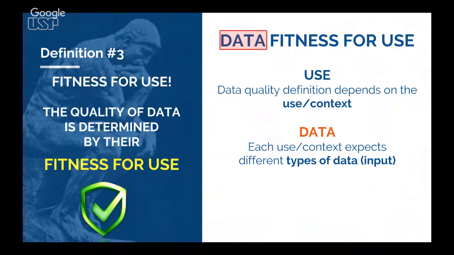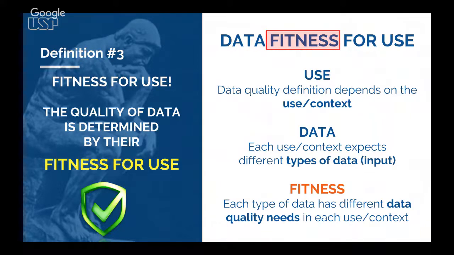So the input of the use case changes according to the context. And for each of these types of data, I have different data quality needs depending on the use case, depending on the context, right? So this is the definition of data quality that we're going to use.